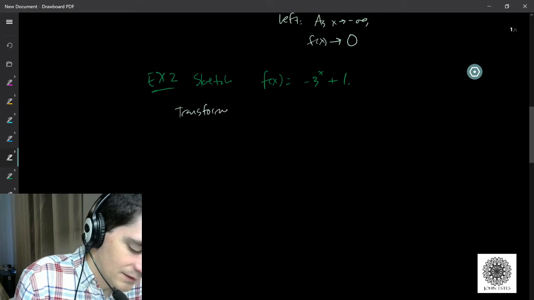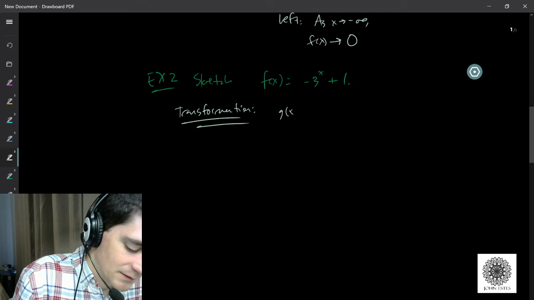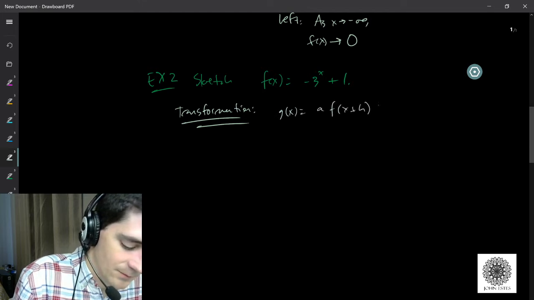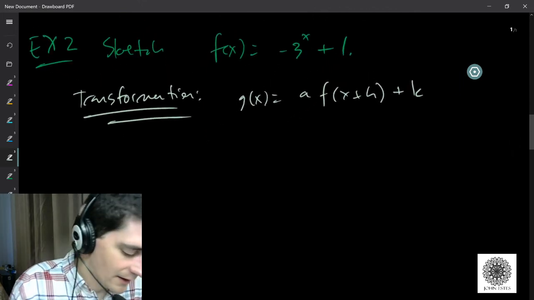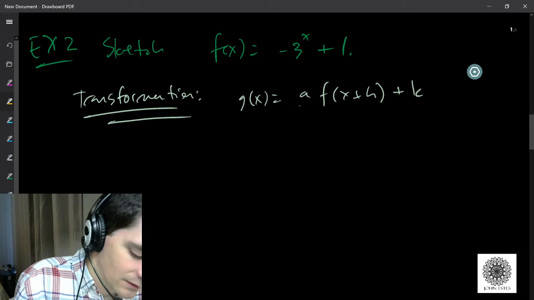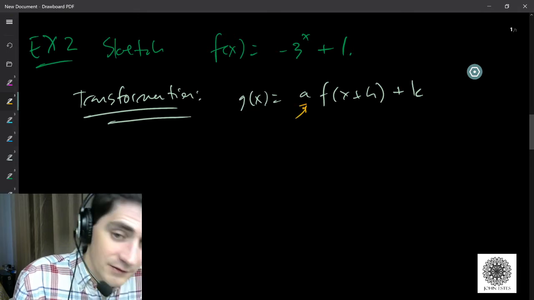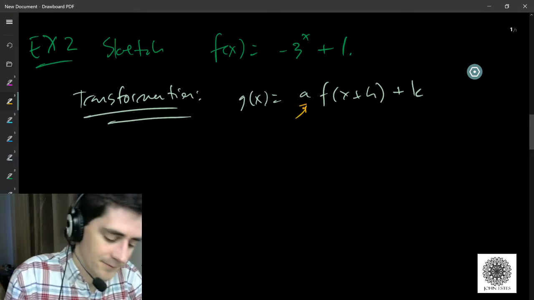So here's the idea. If you had g(x) = a f(x + h) + k, then you have basically the same graph, but remember some things change. The a stretches or condenses the graph.